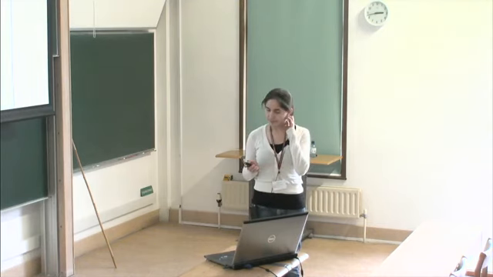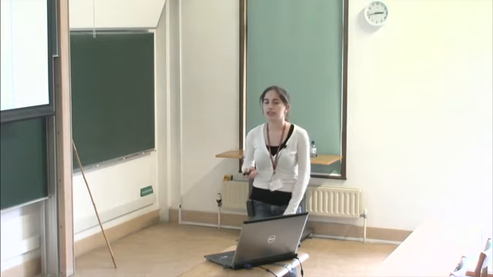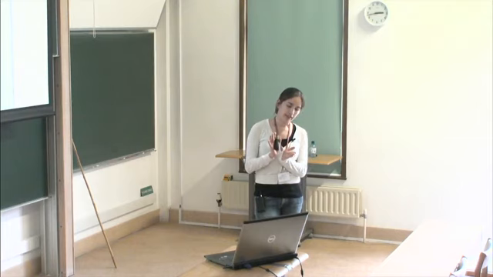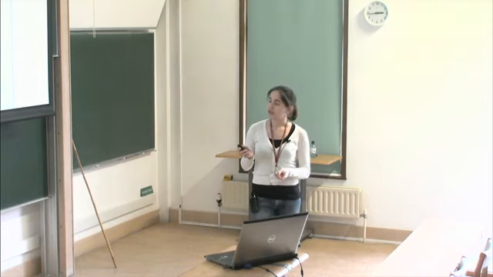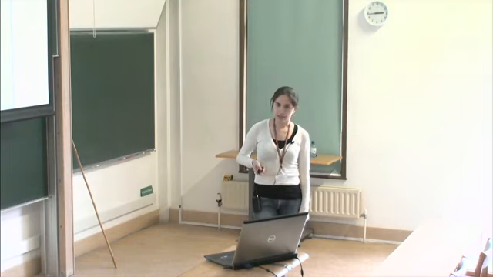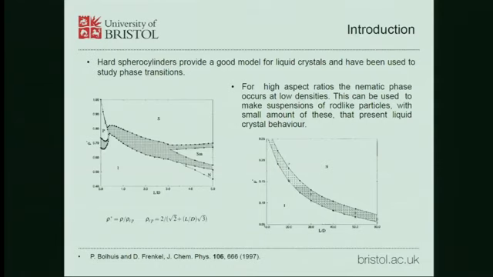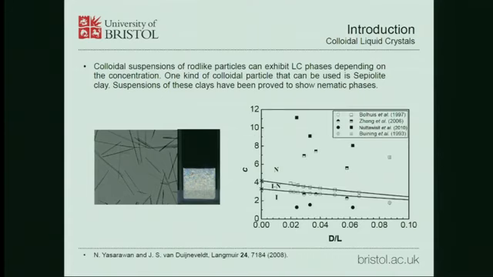When we compare our phase boundaries for the transition between the isotropic and the nematic phase with what was reported by Bolhuis and Frenkel, in a work that I think some of you will know, we found that these black points are our data, and we have the isotropic boundary at a lower density, this is a rescaled density, and the nematic boundary at a higher density.